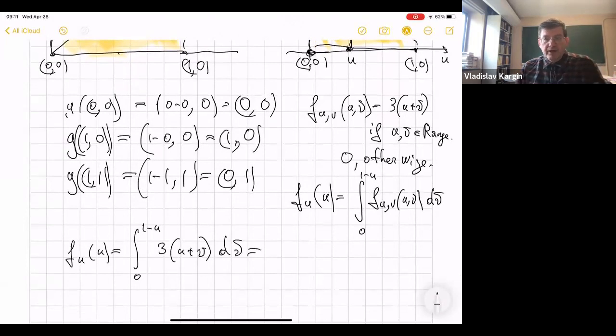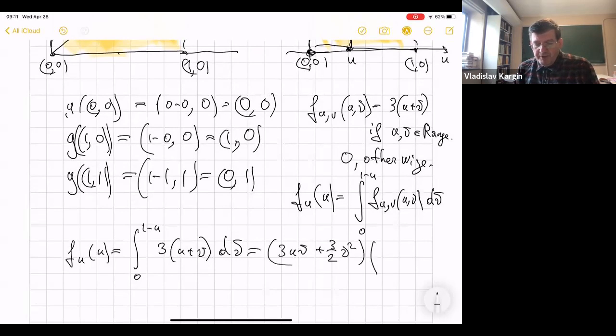And after that, well, it would be easy if I didn't explain things, if I just wrote the formula. So you take the antiderivative: here will be 3uv plus 3 half v squared, evaluated from v equal to 0 to v equal to 1 minus u.